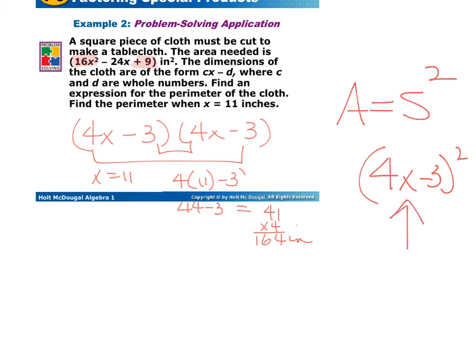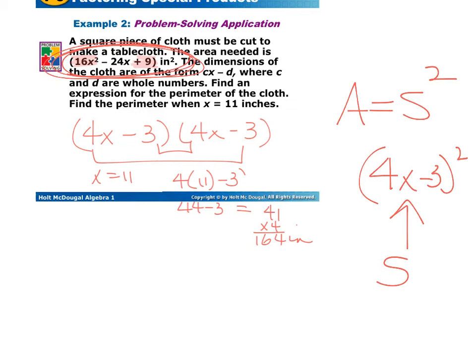So right here, this binomial is the side length, because side times side gave me this trinomial. So then once I factored it and found out the side length, remember the difference between area and perimeter: area, you multiply the side lengths; perimeter, you add them up.